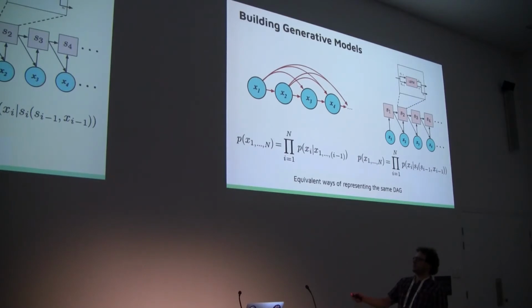So every x depends on the previous state of the RNN, which is a function of all the previous x's through the previous states. And moreover, the state transition is specified by this box, which in this case is an LSTM network. So now we have merged neural networks with graphical models.